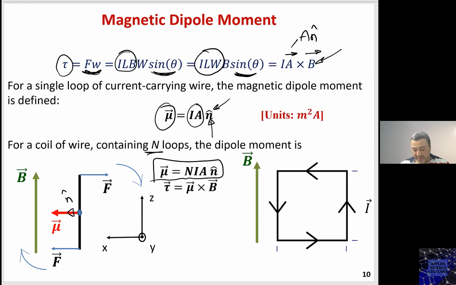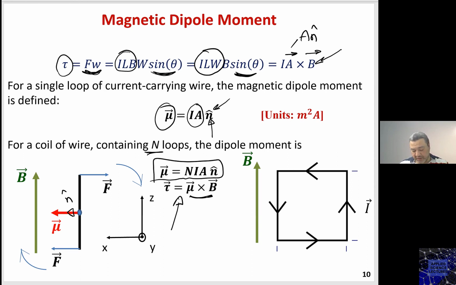What does this mean? This means that if I am now to write the tau, the torque would be the magnetic dipole moment mu cross the magnetic field. The cross here does not define the direction of the tau.